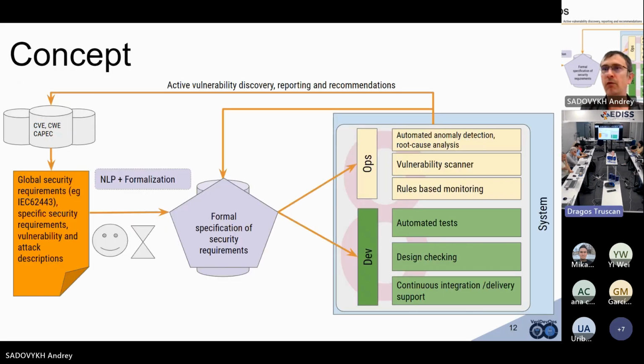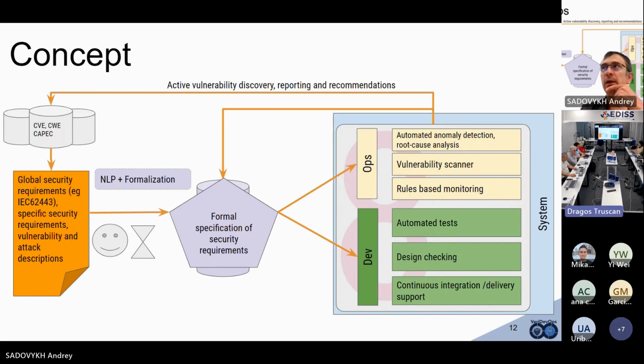And the goal of our project, what we represent here, is that we want to automate as much as possible these processes. So going first and paying a lot of attention to formalization of security requirements.